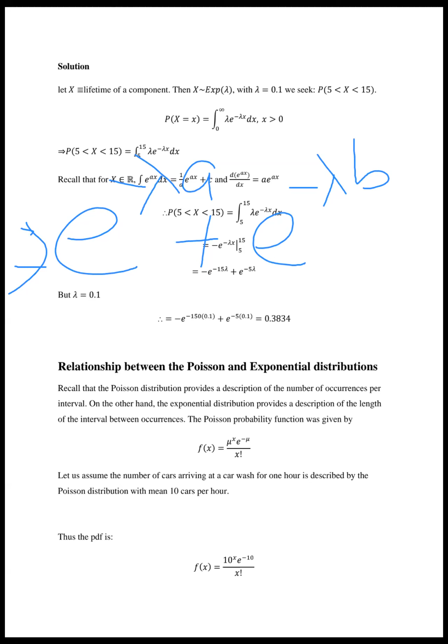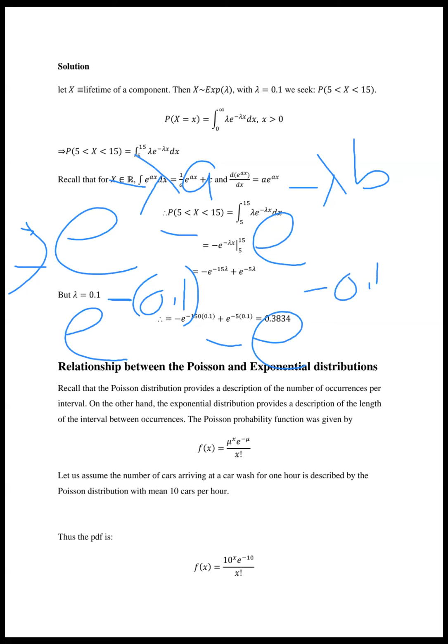Let's say for this one the time is between 5 and 15, so you can rewrite it as e to the power negative, our lambda has been given as 0.1 in the question, times our a, which is 5, minus e to the power negative 0.1 times our b, which is 15.